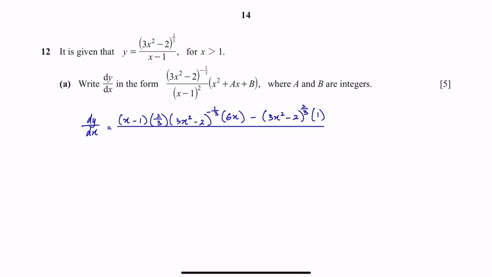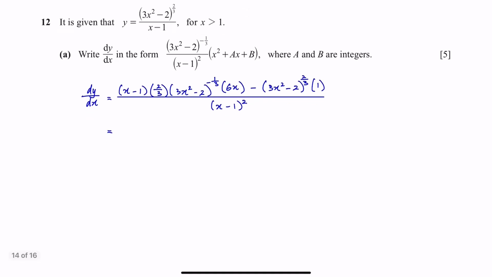Over (x-1) squared. So we just square our denominator. And now we can simplify it. We can factorize this out. So (3x squared minus 2) to the power of negative 1/3.